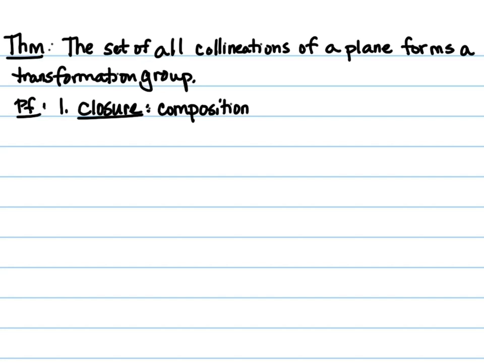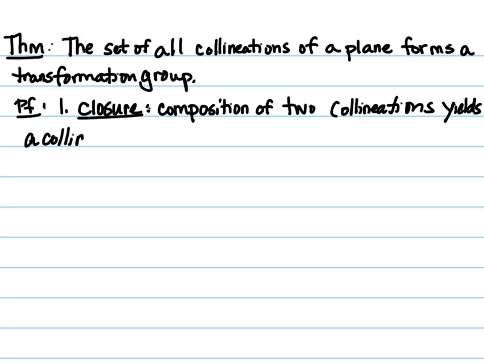Is it still going to have all the same details we had before? And it will. So composition of 2 collineations yields a collineation. So that one's good to go.